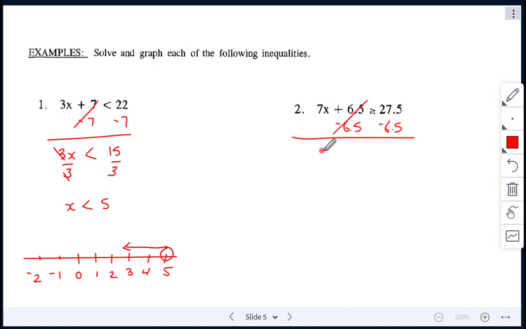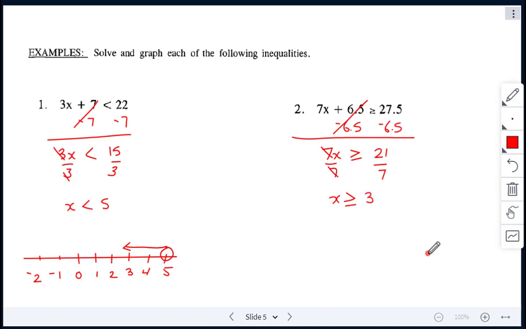On the left-hand side, that leaves us with 7x is greater than or equal to 27.5 minus 6.5, which gives me 21. Last step, we're dividing by 7 on both sides. That leaves me with x is greater than or equal to 3.